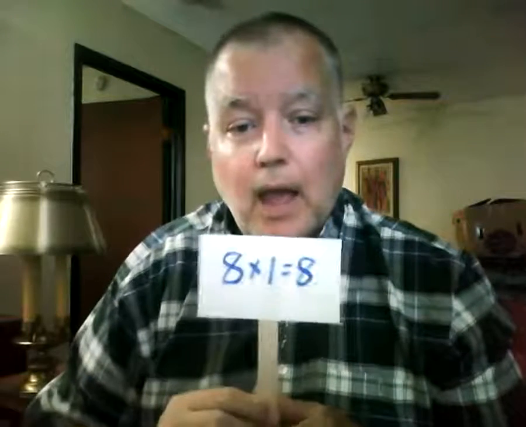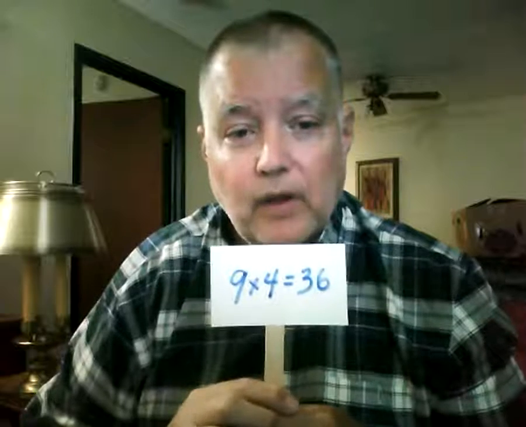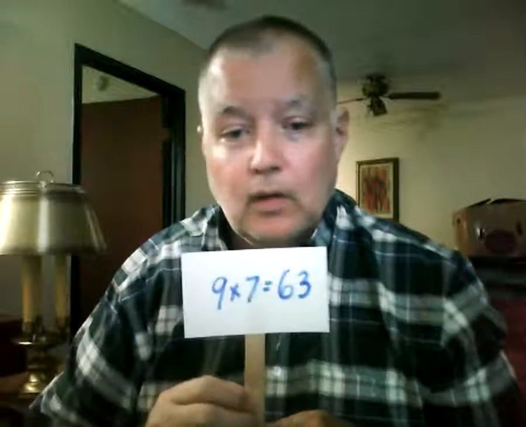9 times 12 is 108. 8 times 1 is 8. 7 times 8 is 56. 9 times 5 is 45. 9 times 4 is 36. 9 times 7 is 63.